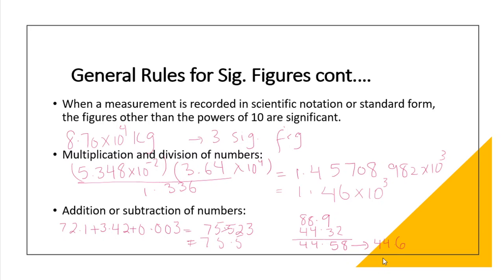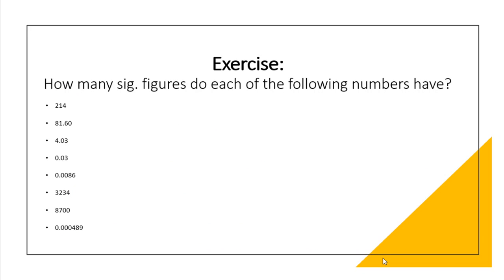So these are the general rules we need to follow for significant figures. Here I would like to do a simple exercise for different numbers. The exercise is, how many significant figures do each of the following numbers have?